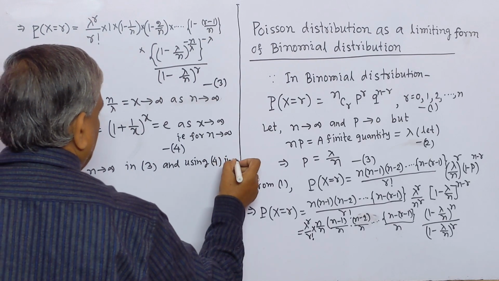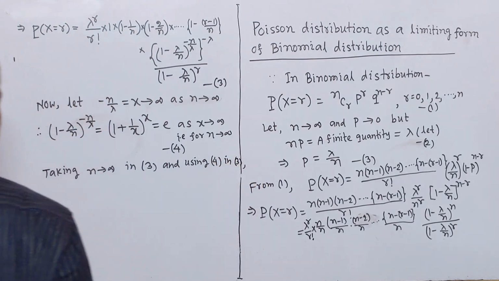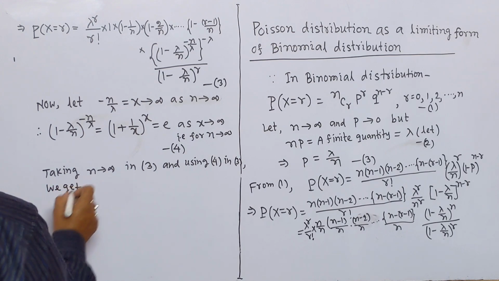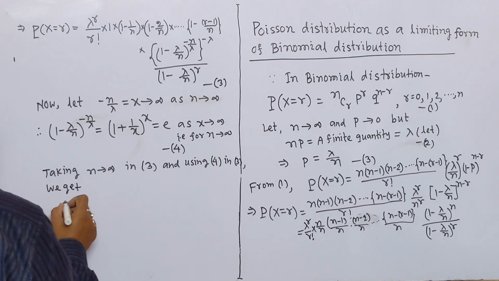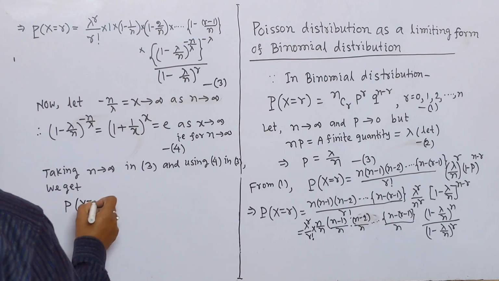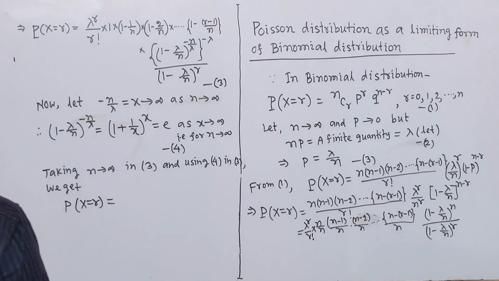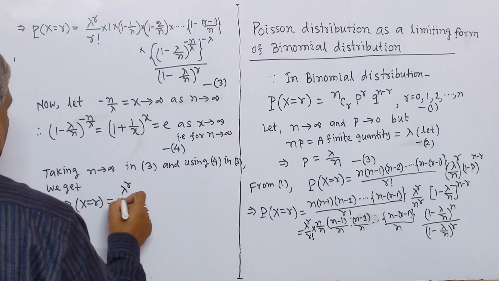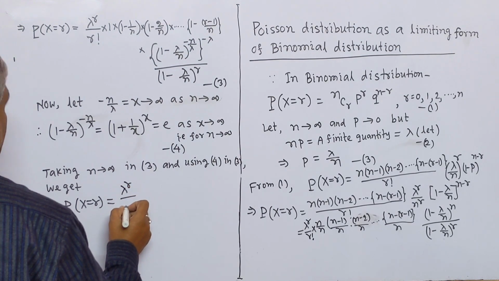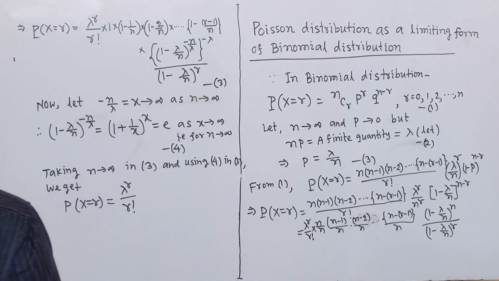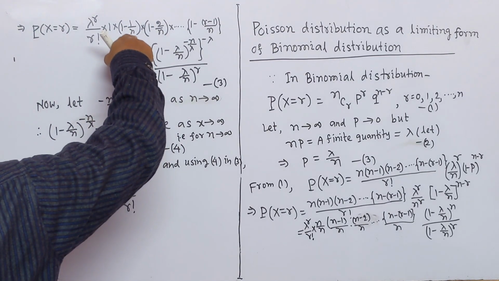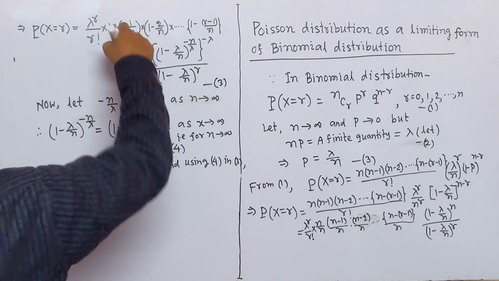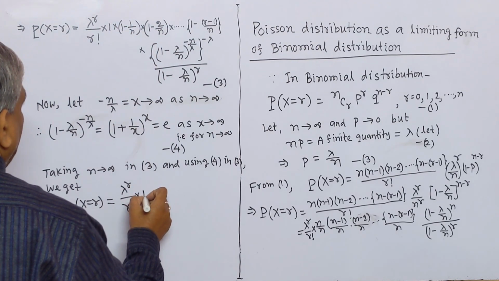In theory, we get P(X = r) = lambda to the power r by factorial r. Here, if n tends to infinity, then 1 by n equals 0, that is 1.